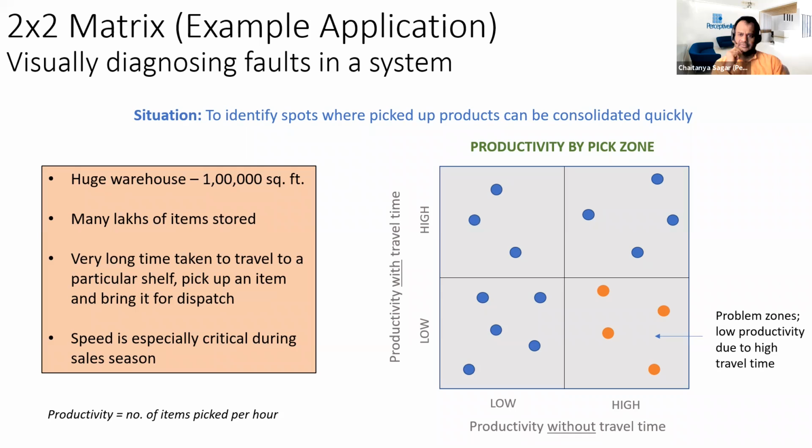Both pick up items belonging to the same order, bring them to the drop zone, where they are combined together. So travel time is the time taken by each person to travel from the pick zone to the dropping point.